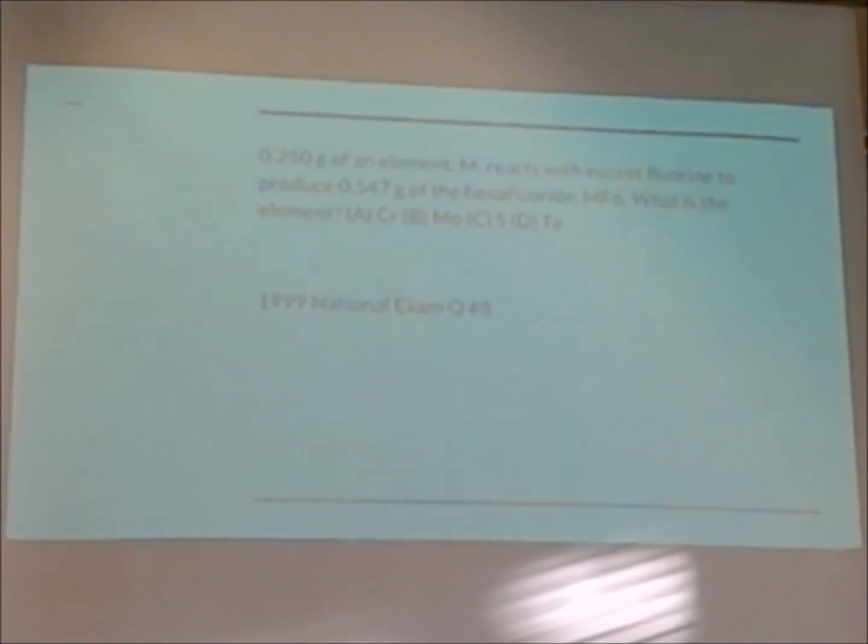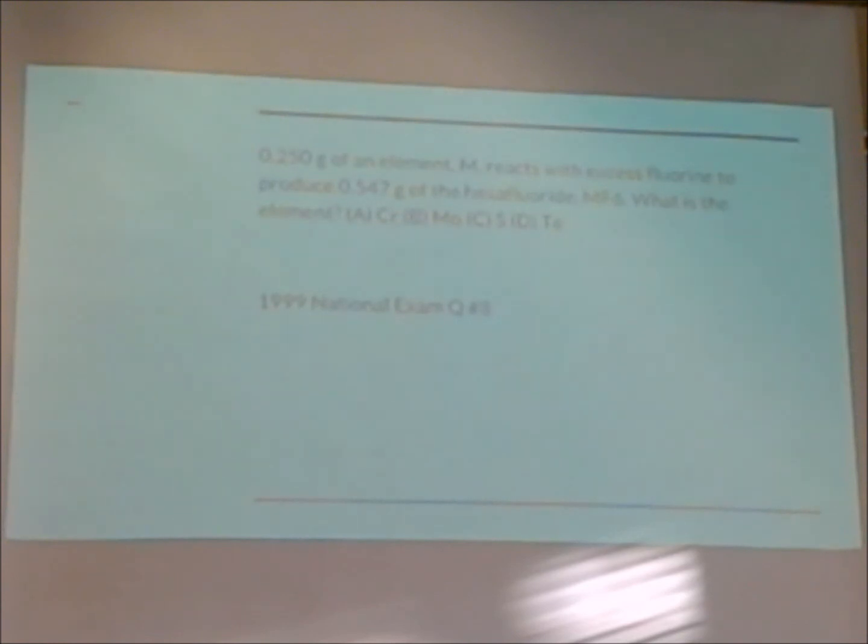What we're going to do is, because we know that there's 1 M for every 6 fluorides, we're going to divide that by 6, and I'm not going to write it. That gives 0.0026 moles. So this is the moles of M I have.